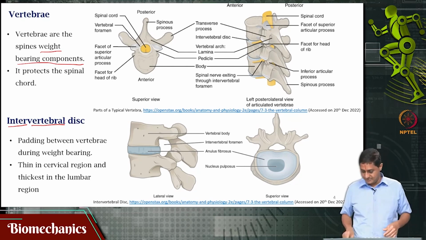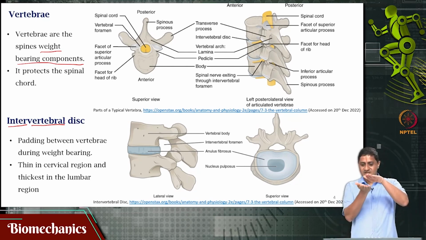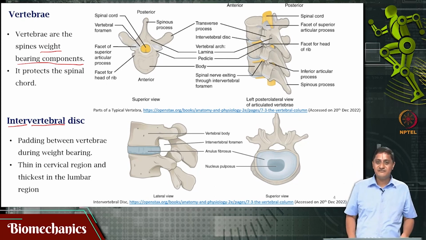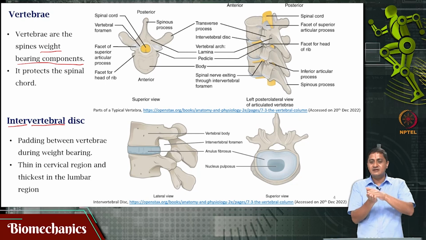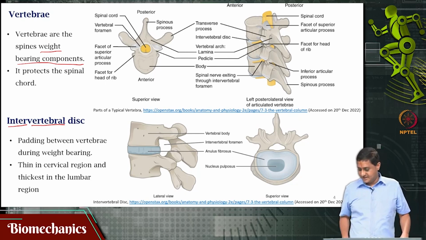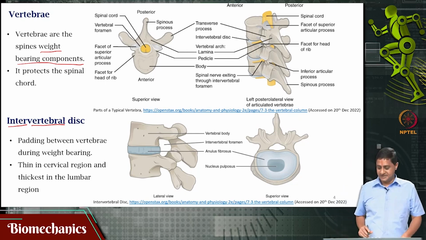For example, if this is one vertebra, this is another vertebra, and there is no intervertebral disc, this kind of shearing can happen, which is not a desired feature, is it not? The weight in this vertebra should pass on to the next vertebra. That is maintained by this pad-like mechanism, which is the intervertebral disc.